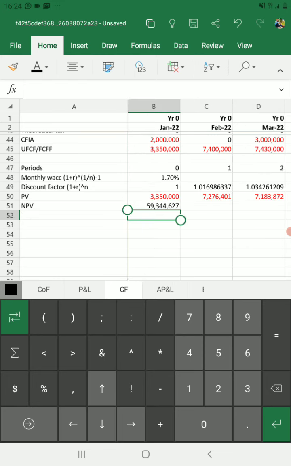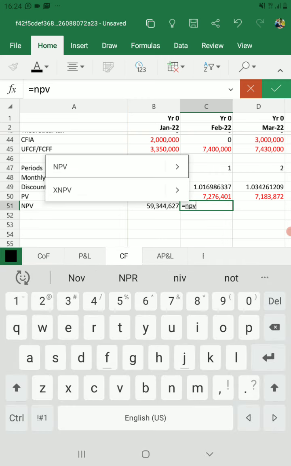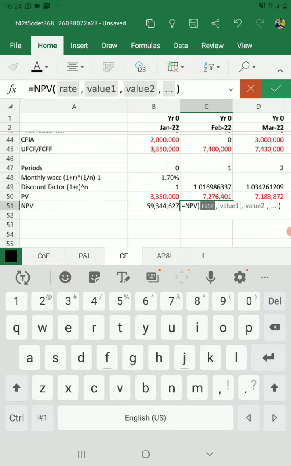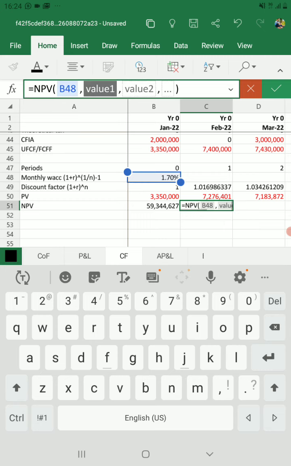Enter. And for using formula, we can put a formula here, but start with equal sign, go to NPV, click that one. We are required to put the rate, so I click on the rate, which is this one. Okay, and then values, I click on the values in the formula.